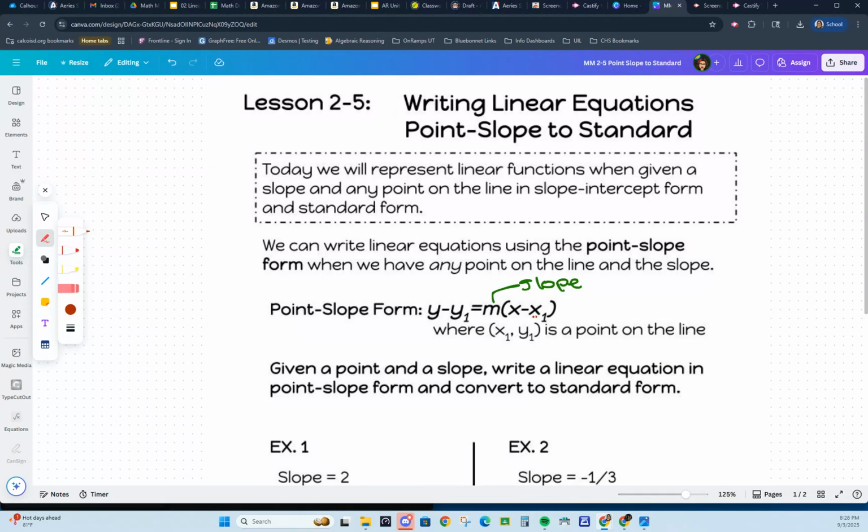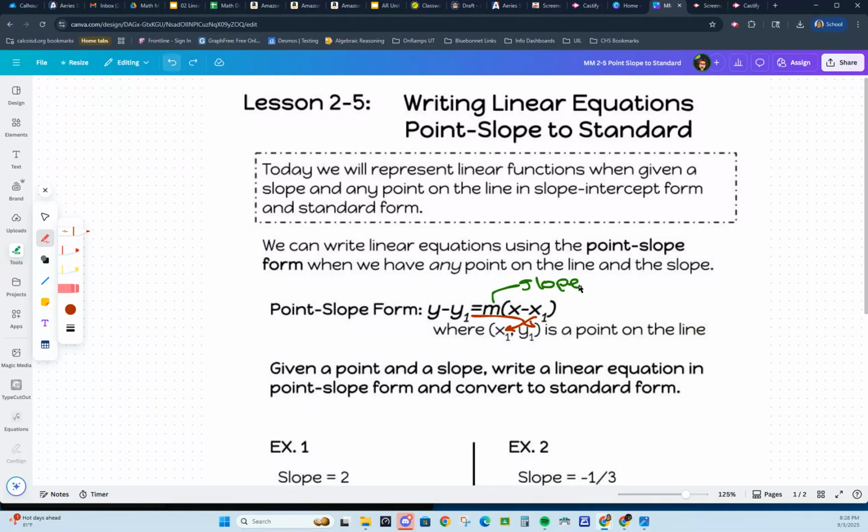So the x1 and y1 come from a point on the line. So that's what we're looking at, just any point on the line.